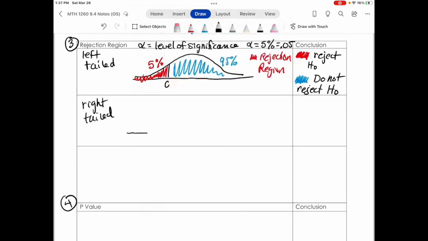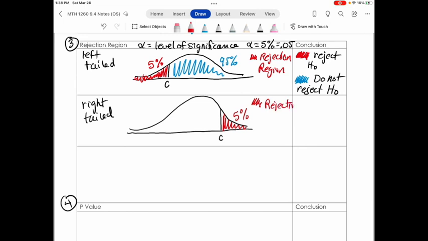Now it's pretty much the same idea for right-tailed. It's just we're looking at it on the right side of the graph now. So we're going to look for our critical value. Because our level of significance is 5%, we're looking for a critical value that gives us 5% to the right. That shaded red area is going to be our rejection region.